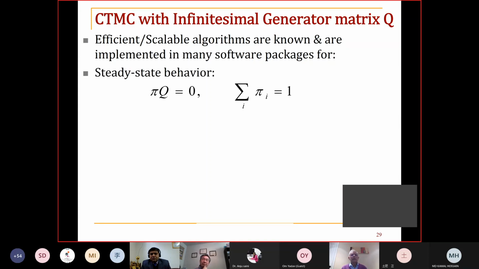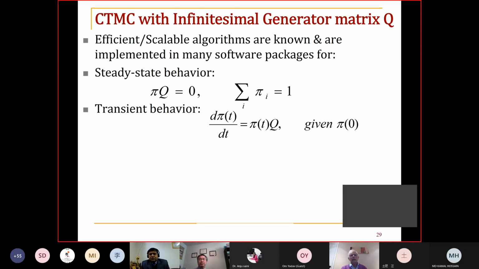Steady state behavior essentially is solving this vector matrix equation. It's a linear system of equations. The only problem is that Q may be million by million or 10 million by 10 million. So we may not have 4 by 4, but pretty interesting size problems.